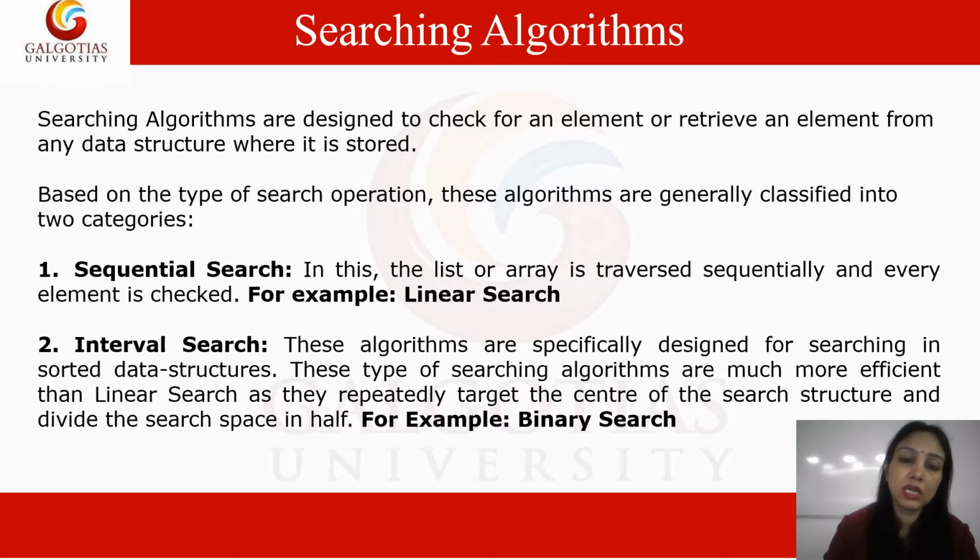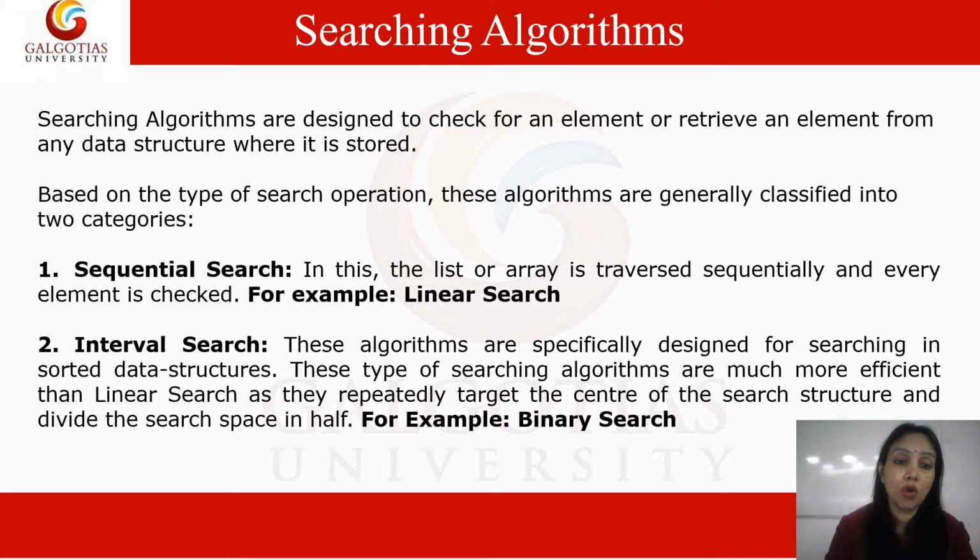Searching algorithms are designed to check for an element or retrieve an element from any data structure where it is stored. A data structure could be your array, string, or structure. So whenever you are checking or retrieving any element from a data structure, it is known as searching.